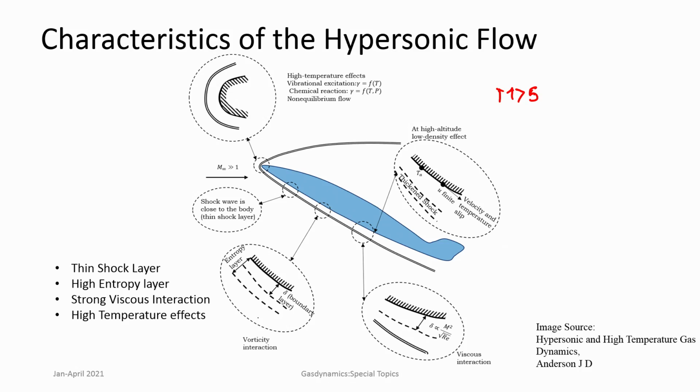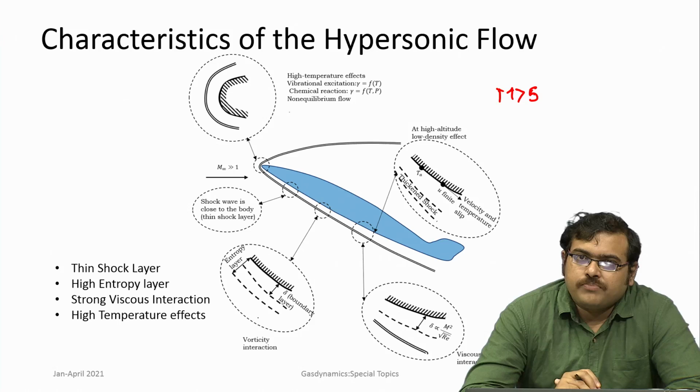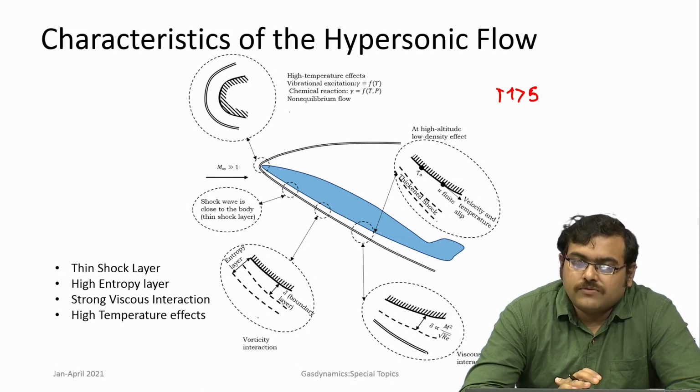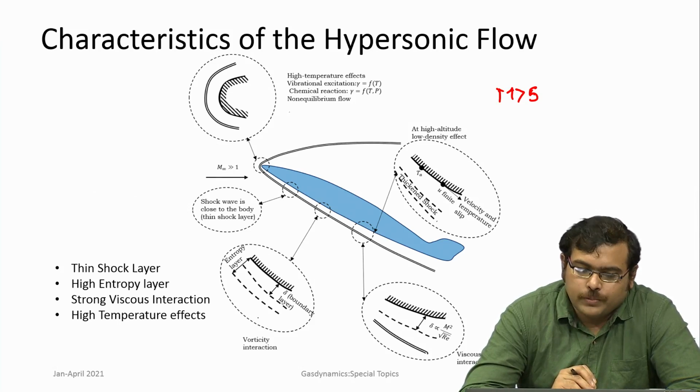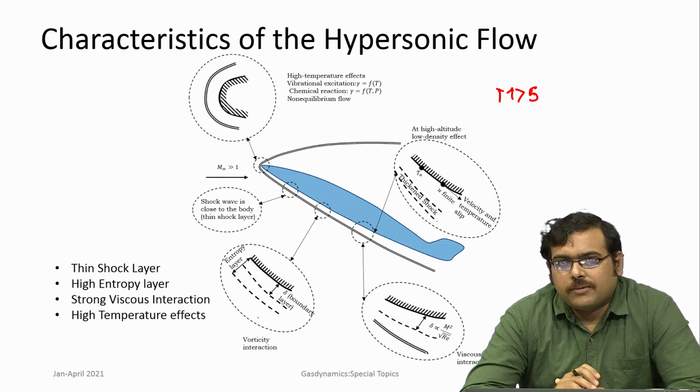But even at lower Mach numbers, if there are chemical reactions and so on happening, then some aspects of hypersonic flow may become important. Okay, so this gives a very general introduction to what physical flow features become important in hypersonic flow, and we see that there is a lot more complexity involved in hypersonic flows than supersonic flows.